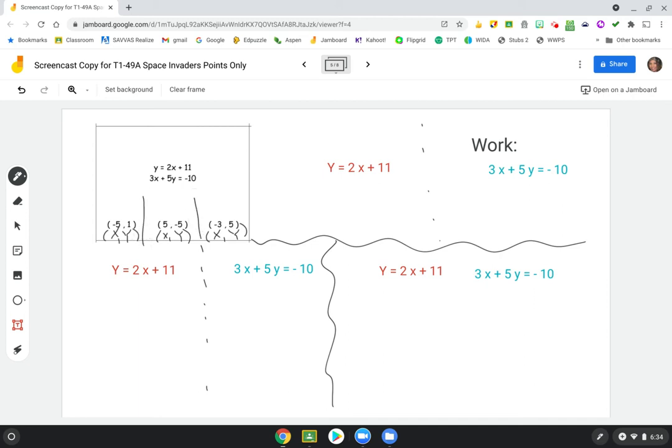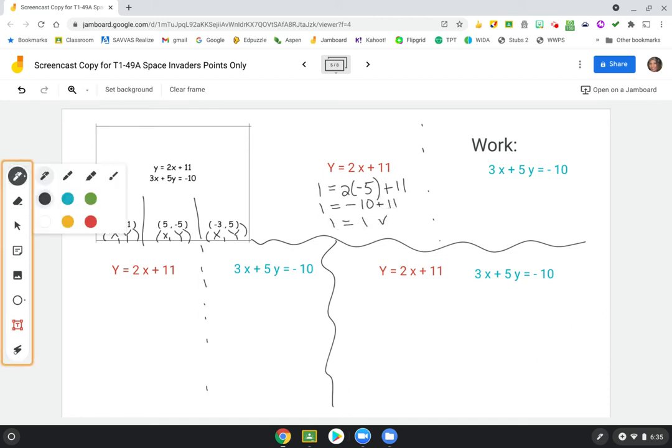So if I plug in the first point, 1 equals 2 times negative 5 plus 11. 2 times negative 5 is negative 10. Negative 10 plus 11 is 1. So 1 equals 1, so that works.